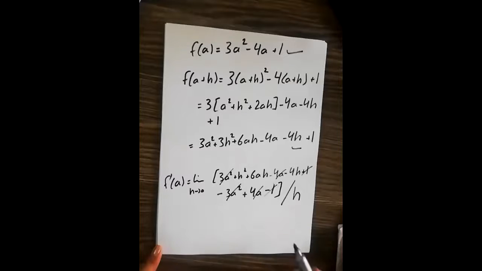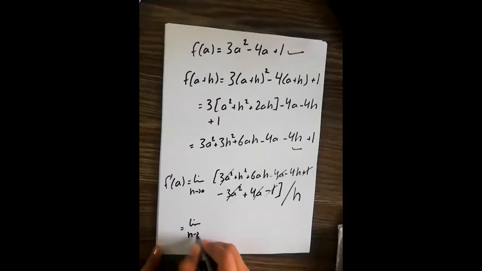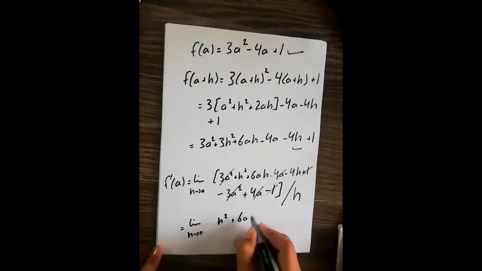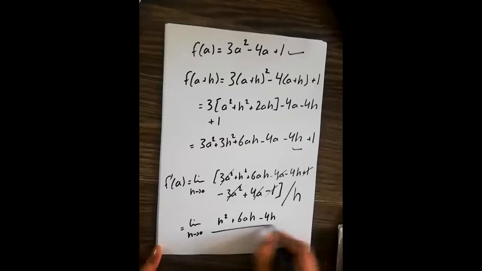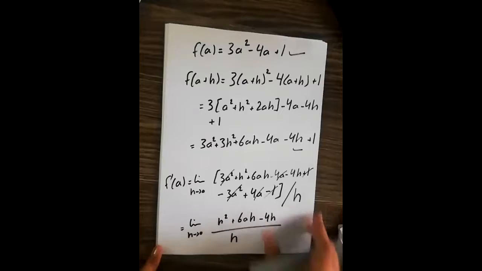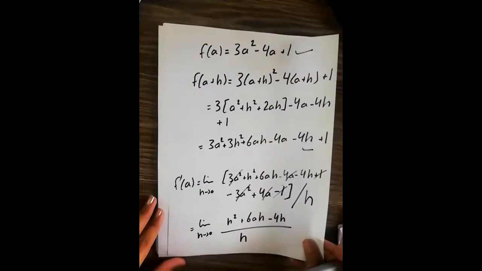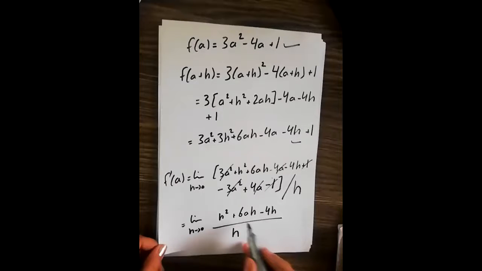And what are the remaining values? Limit h approaches to 0, 3h square plus 6ah minus 4h divided by h. Now you can see h is with every quantity.